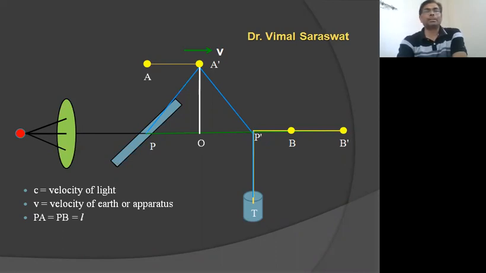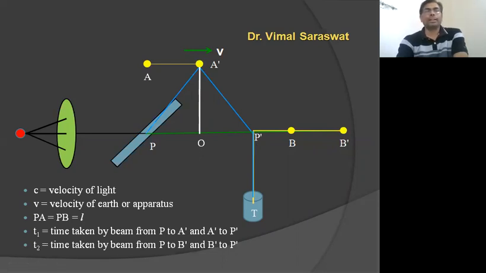PA and PB mean the distance of mirrors M1 and M2 from point P is L. T1 is the time taken by the beam from P to A dash and A dash to P dash. T2 is the time taken by the beam from P to B dash and B dash to P dash.